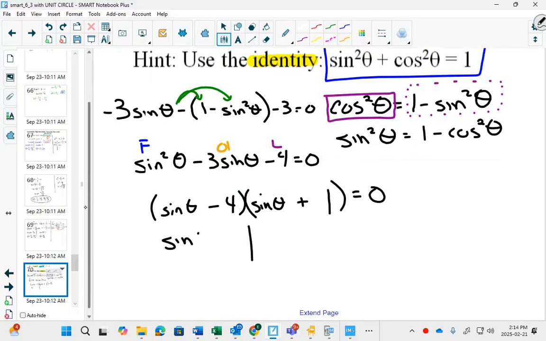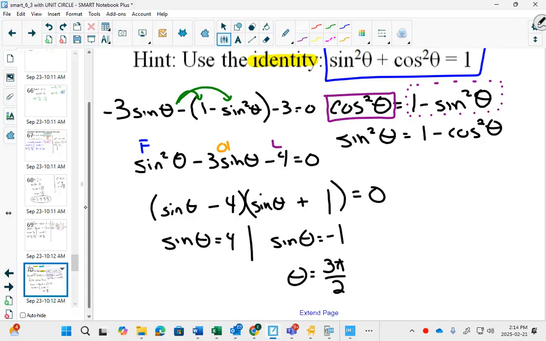And so we get either sine of theta equals 4 or sine of theta equals negative 1. So you look at your pie plate and you're like, okay, negative 1 is on there. My y-coordinate's negative 1 right down here, so I can say theta is equal to 3 pi over 2, no problem.